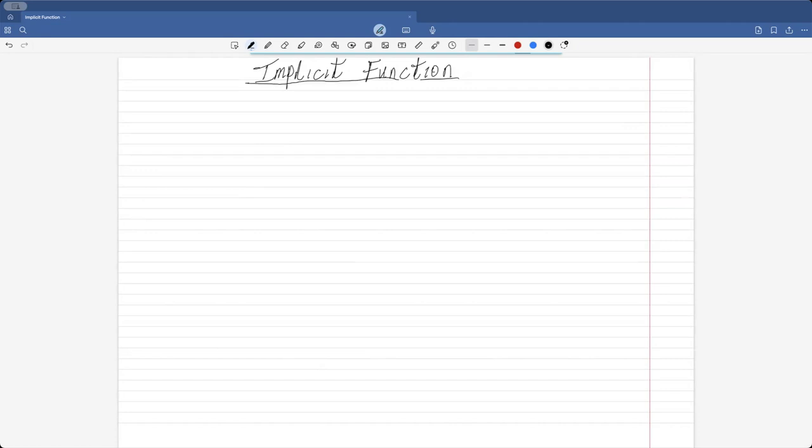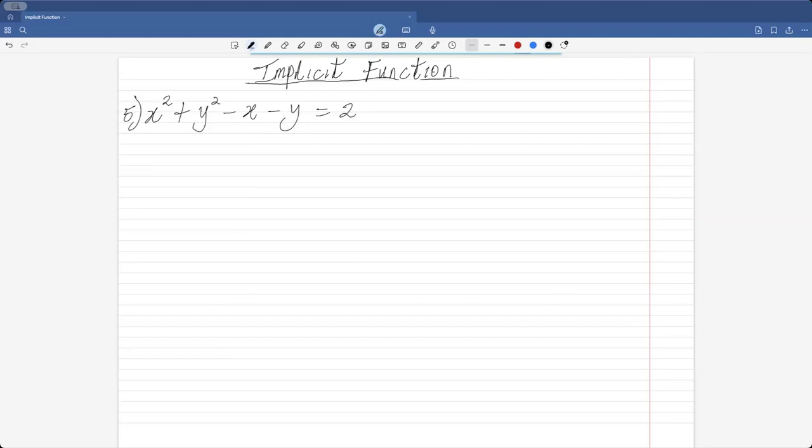If we have x squared plus y squared minus x minus y equals 2. This is an implicit function. How can we find the derivative of this implicit function?